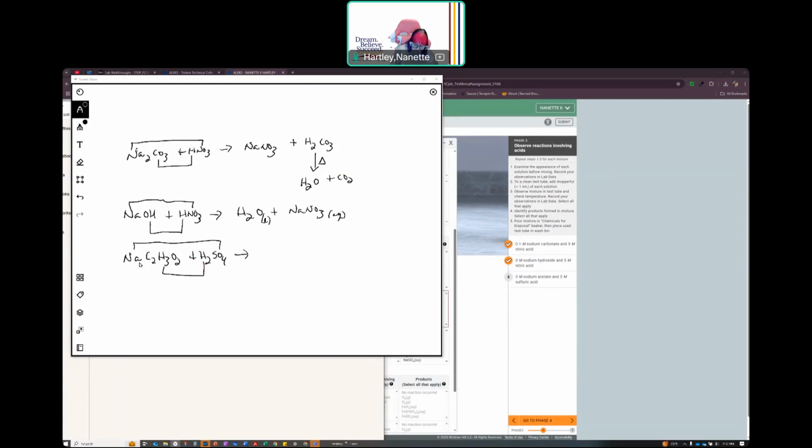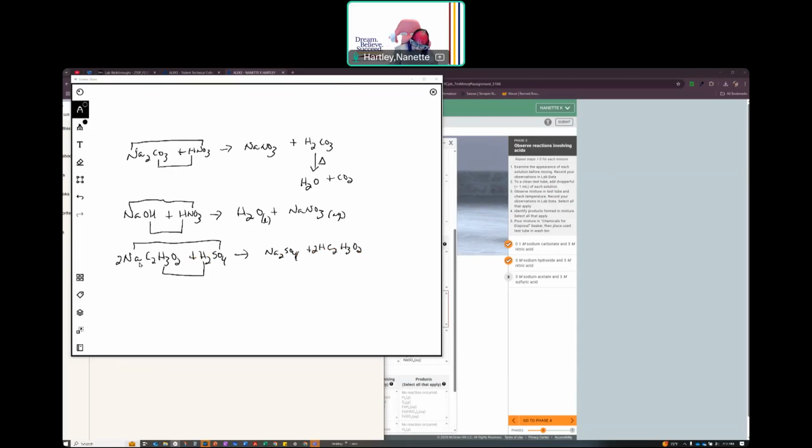So if I were to have a reaction, I'd have to go with the Na2SO4 plus the C2H3O2. So I'd be making this acetic acid again, and I'd end up with 2 of those. And I need to have 2 out here to make the 2 NAs. And then I'd end up with 2 acetates and 2 protons because of what I have here. So those are the products I'd end up with.